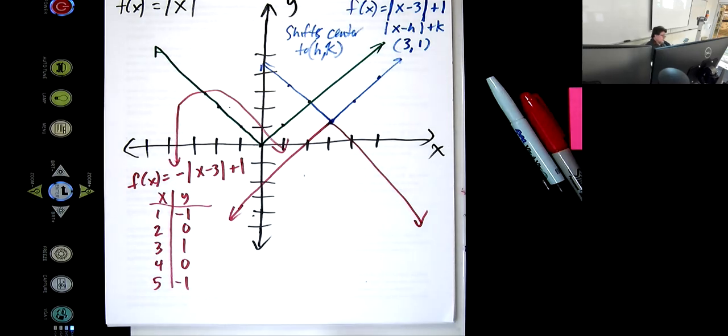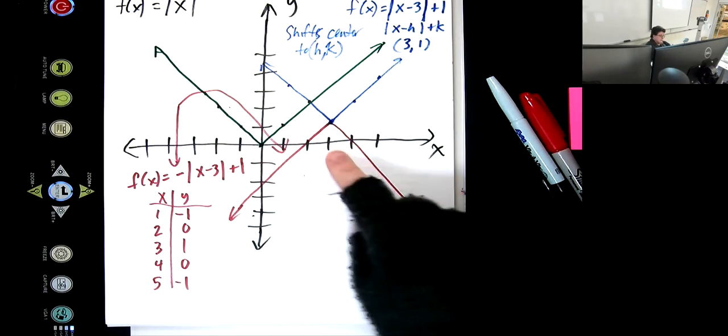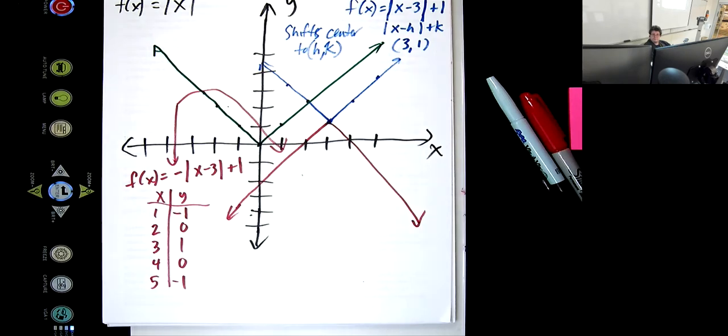But it's easier to draw the graph translated and then flip it. Or you can do the tables here and just... Okay, I confused myself.